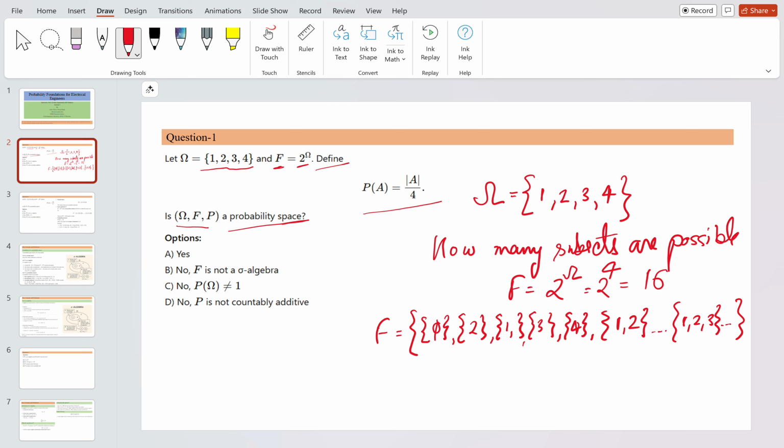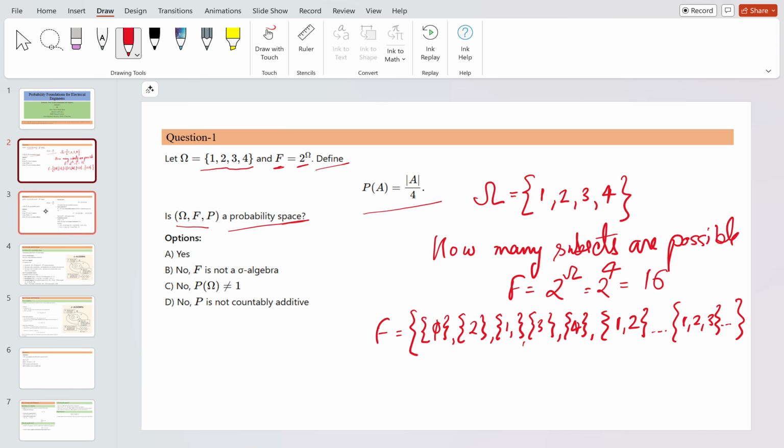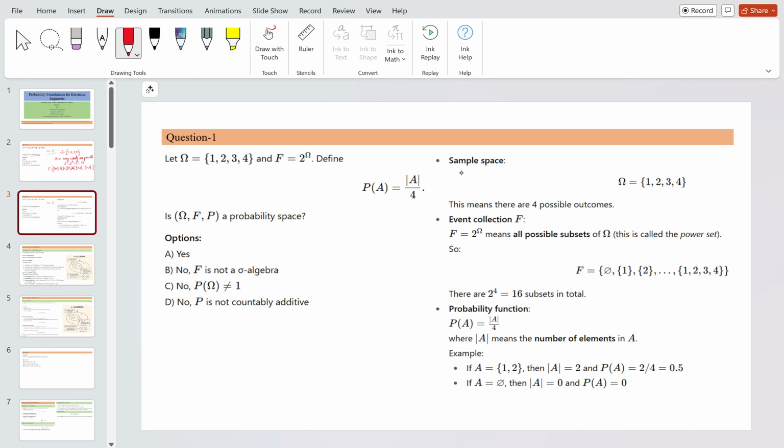So these two concepts are clear: first, if there is a set, how many subsets are possible from it. This is also the sample space. The sample space omega has the four elements 1, 2, 3, 4, and there are four possible outcomes: either one will be there, two, three, or four, because four elements are there in that set.